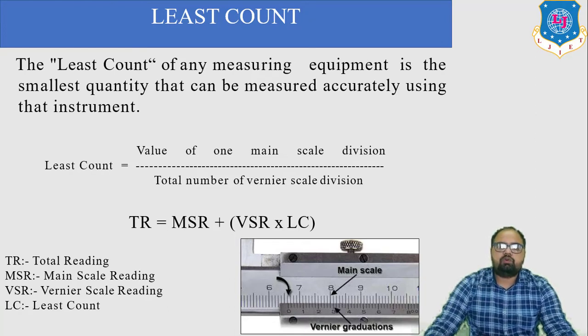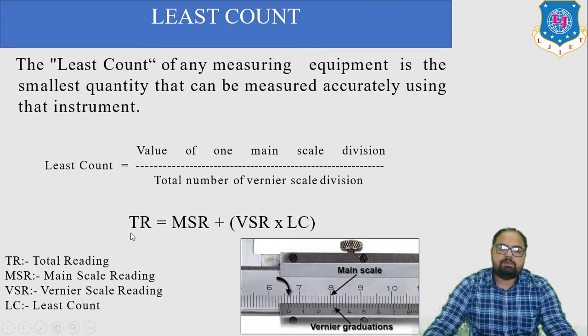The least count of any measuring equipment is the smallest quantity that can be measured accurately using that instrument. The least count is equal to the value of one main scale division divided by the total number of vernier scale divisions. The total reading is equal to the main scale reading plus the vernier scale reading multiplied by the least count.